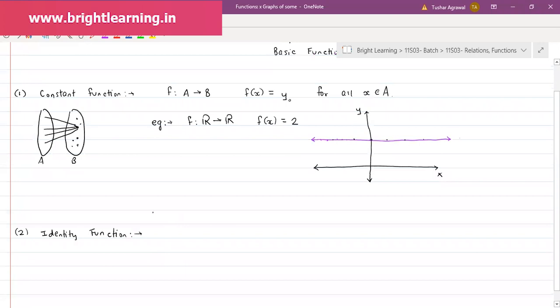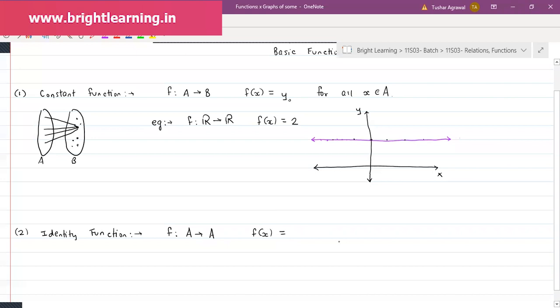So now identity function is what? A function defined from set A to the set A itself. And what is the definition of this function? The definition of this function is, what should be the image of x?